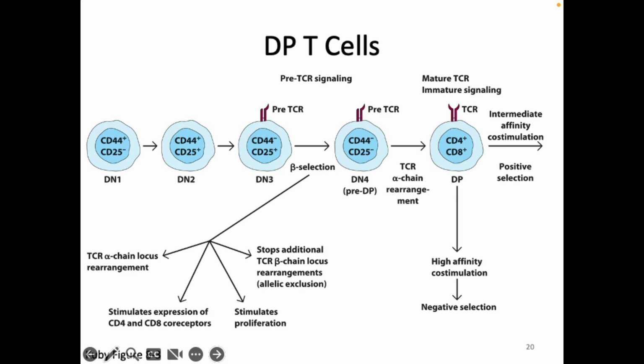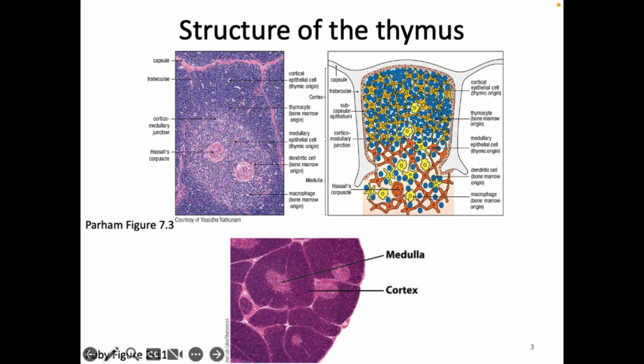Yeah, so the cortex is way full. The cortex is more dense than the medulla. And so if we look here, way back here, this is cortex, and this is medulla. Or that I can't reach is cortex, and then down here is medulla.